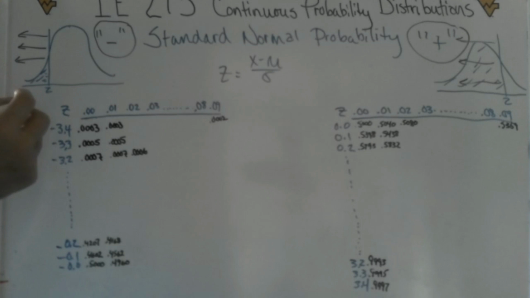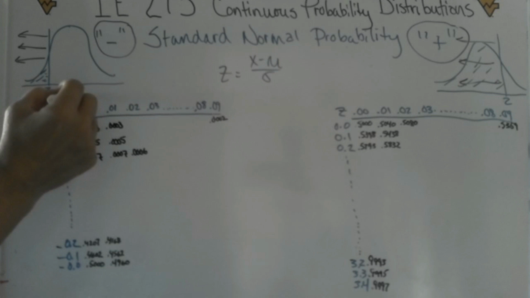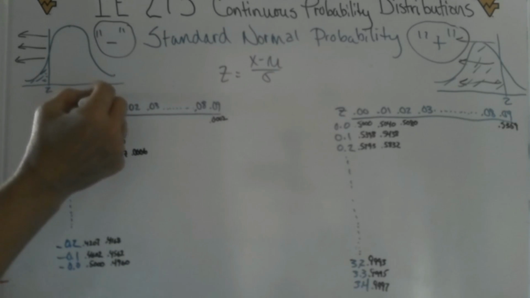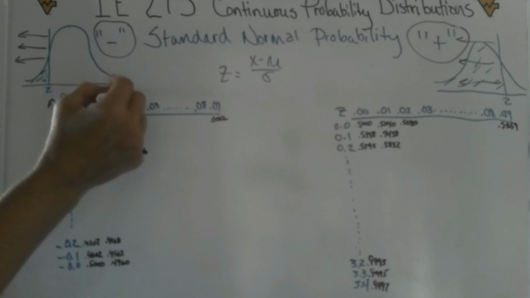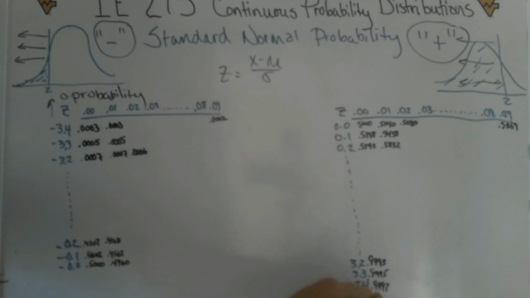Any z-value less than a negative 3.4 has a 0 probability, because it is approaching 0. That's out here at the tail. As that tail gets closer and closer, it approaches 0.